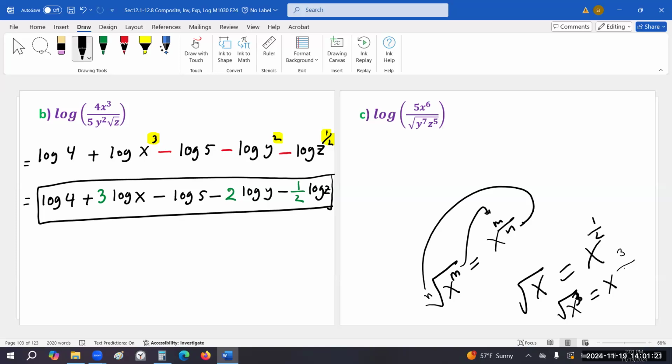Fourth root means 1/4. The radical is the denominator of the fraction, and if you have a whole number, that's the numerator. So for square root of x cubed, it's x to the 3 over 2. Review your exponent rules, you'll be fine.